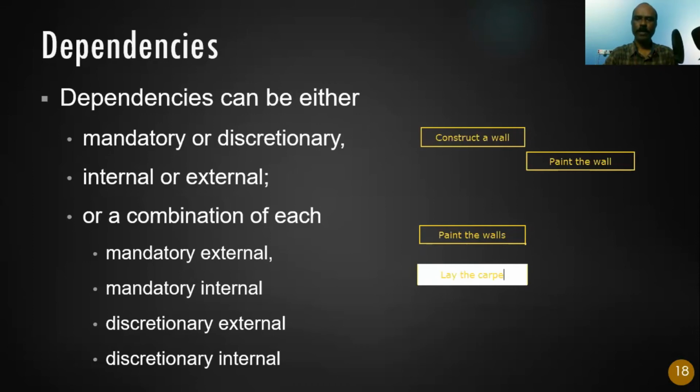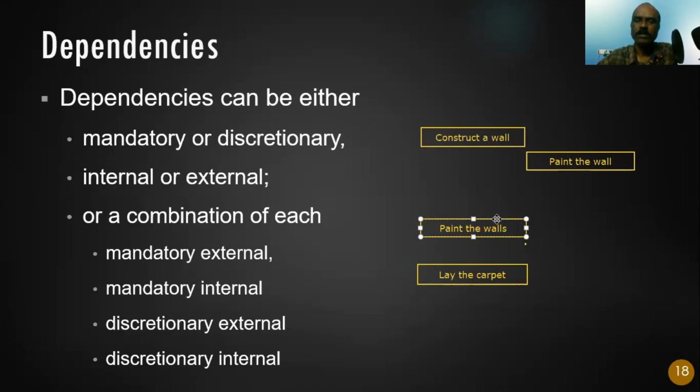For the entire room, I want to lay the carpet. The first activity I want to paint the walls. The second activity I want to lay the carpet. Now, which activity should go first in this? Should I paint the wall first or should I lay the carpet first? Or can I do simultaneously?